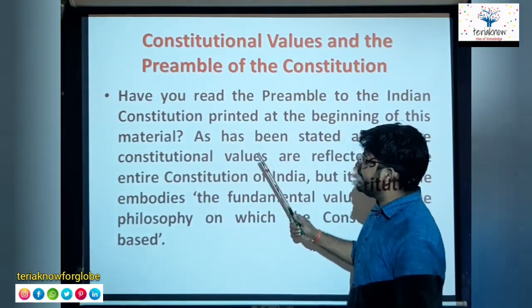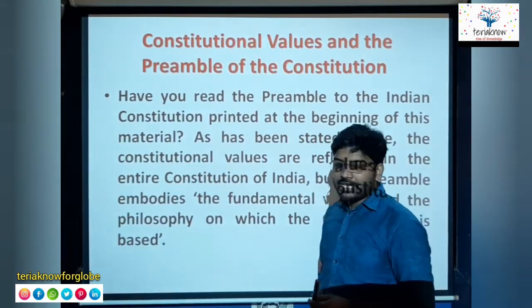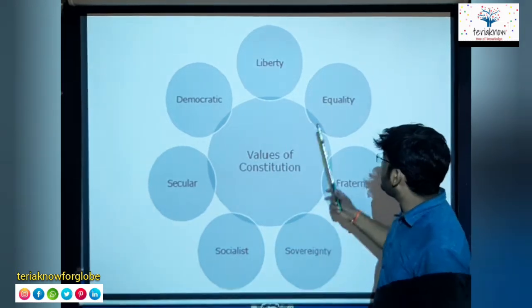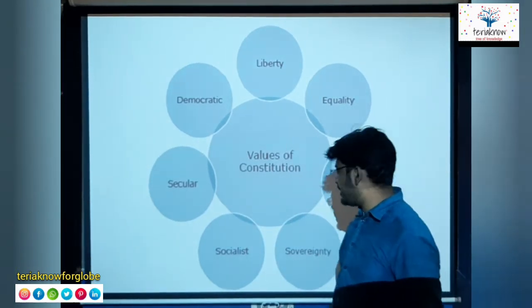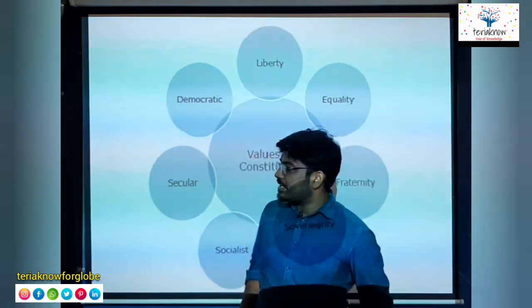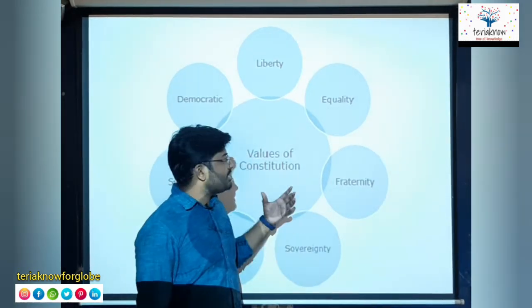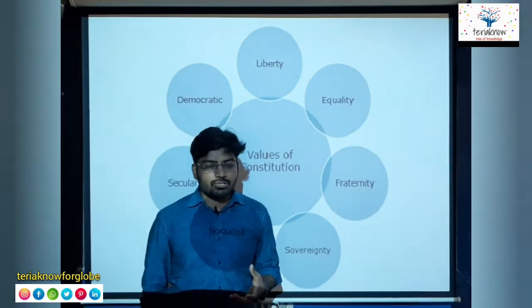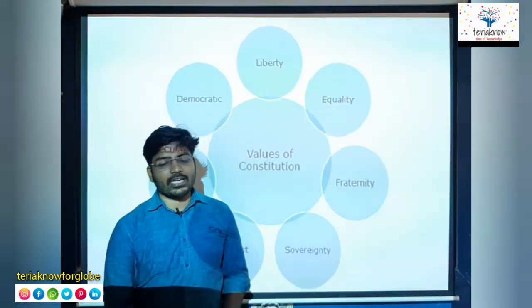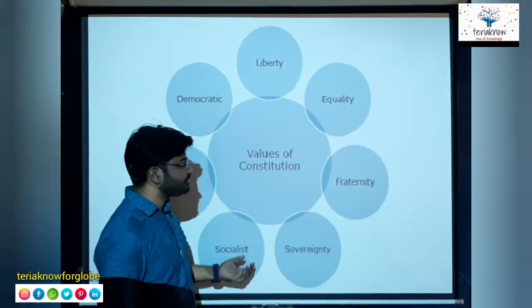That is called the preamble, and it suggests the things which we studied: liberty, equality, fraternity, sovereignty, socialist, secular, democratic. These things make sense of the Constitution and what the Constitution exactly tries to say. संविधान हमारा कहना क्या चाहता है इस चीज़ के बारे में आप you can learn from here only.